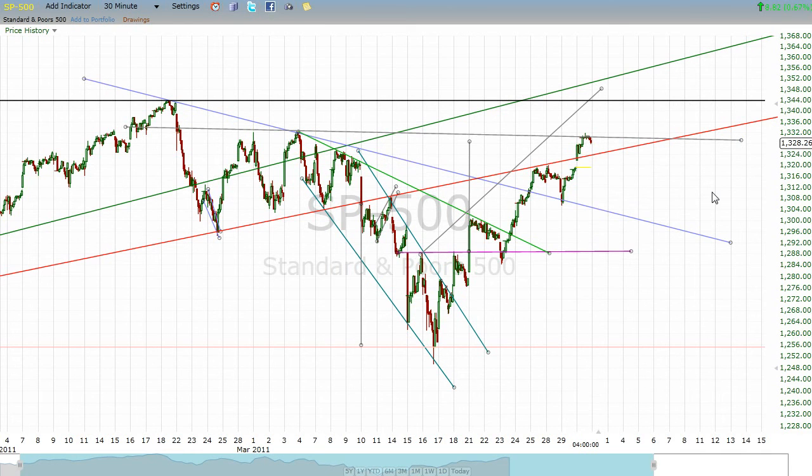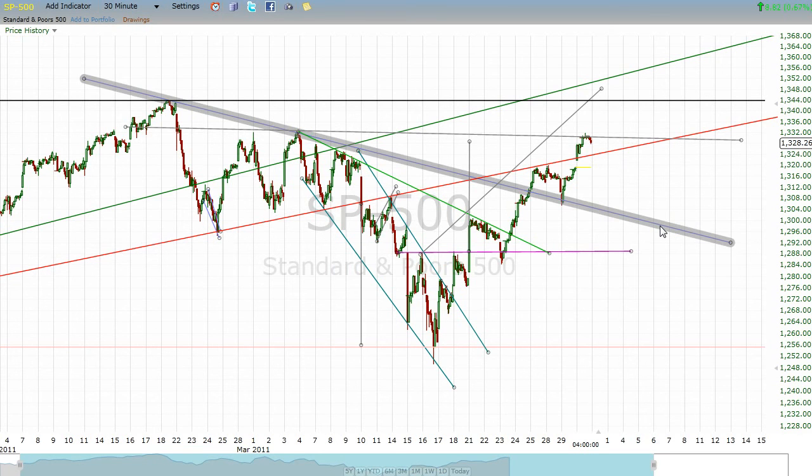If this is going to be another inverse head and shoulders of the consolidation variety, it's not formed yet, so it's too early to make that call. For now, we look at this as some form of support, and we look at this as strong support.